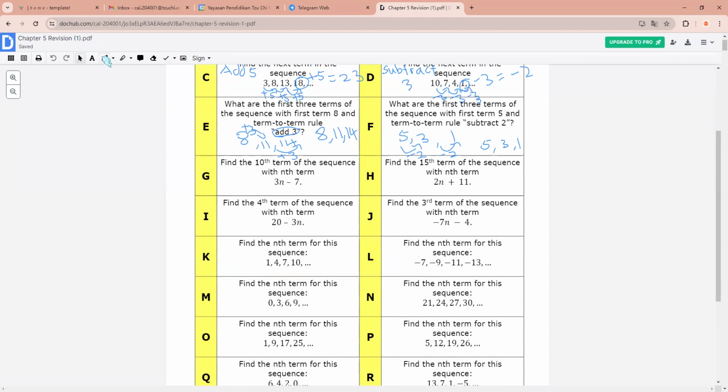So 3 times 10 minus 7, and this is equal to 30 minus 7. And the final answer is 23.